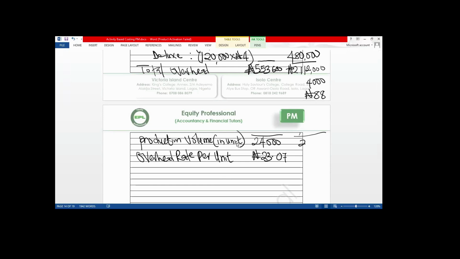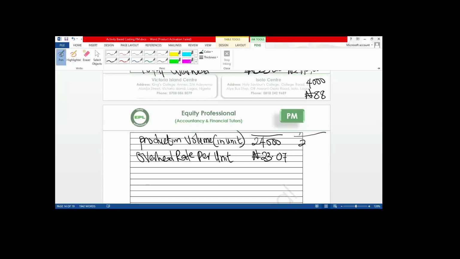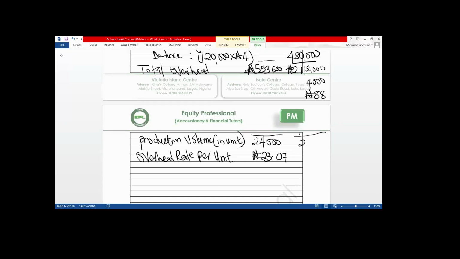Okay, it shifted it. It's supposed to be 24. Just a shift, it's a gap here.